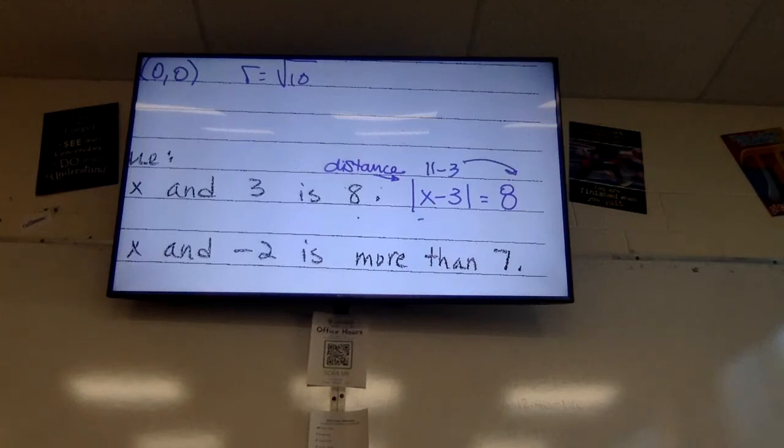If I did negative 5 minus 3, that's negative 8, but 8 is the distance, and so when I do absolute value of that distance, I get 8. So my answers are always going to be using the distance, so we're going to be minusing, we're going to have absolute values, and whatever the distance is is my answer.